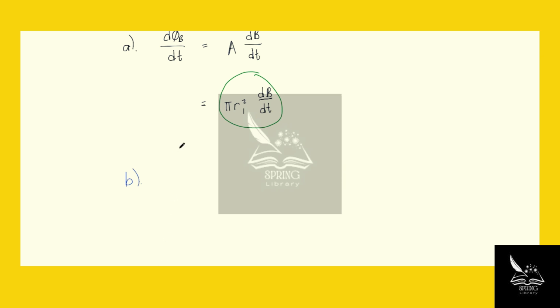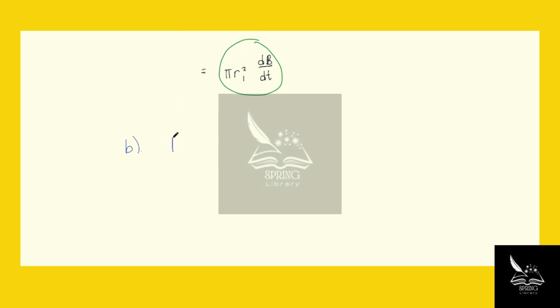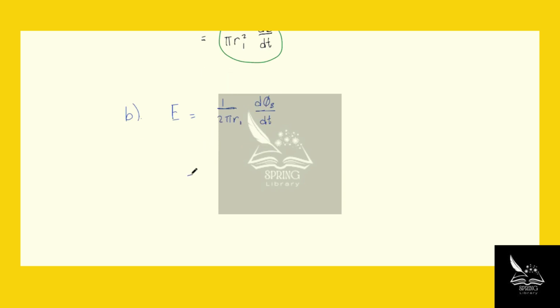So firstly, to calculate the magnitude of this field, we know the electric field E is equal to 1 over 2πr, or 2πr1 in this case, times the rate of change of magnetic flux, dΦ/dt. And so we can write this as πr1² over 2πr1.